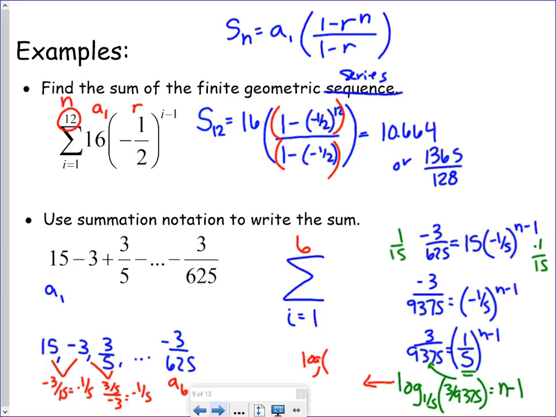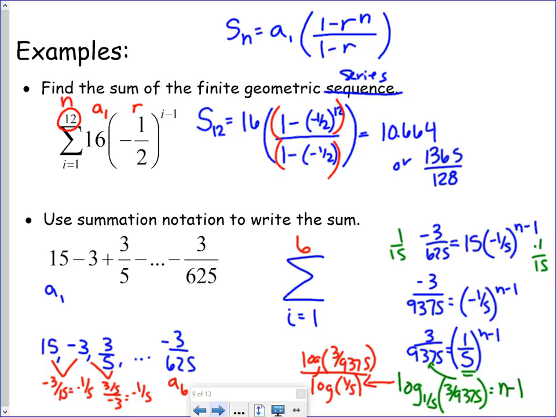The log of 3 divided by 9,375 all over the log of 1/5. That's my change of base. Some of you have that special button or capability in your calculator to type in a different base. And so I get 0.2.